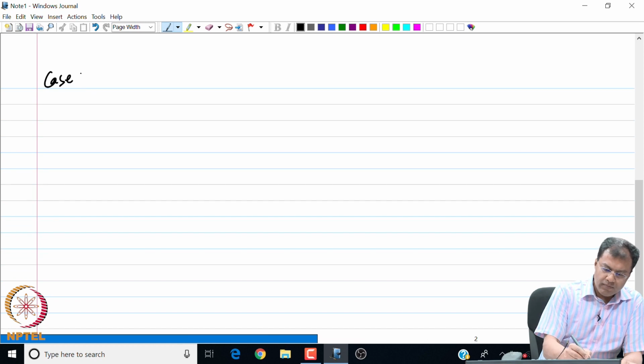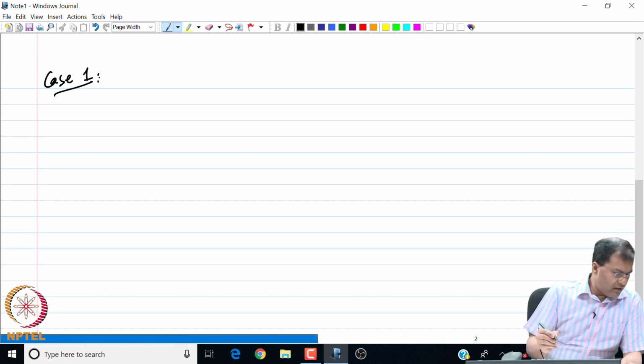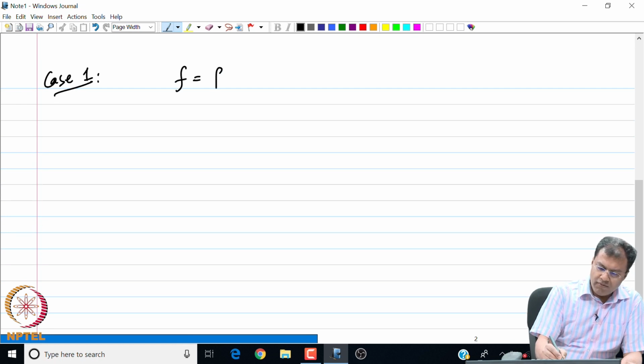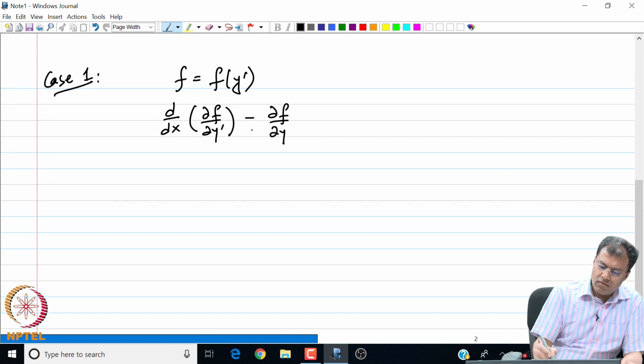So, as I said, in the first case my f is only a function of y prime. So, we see that my Euler-Lagrange equation. So, let me just rewrite the E-L equations. So, these are my E-L equations.